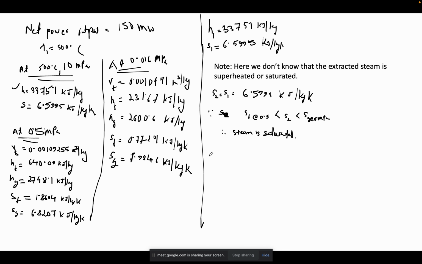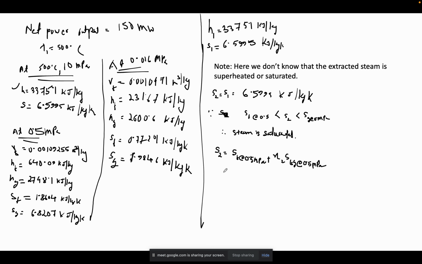So now we can go on to calculate the dryness fraction. Okay, so how will we calculate the dryness fraction? S2 is nothing but Sf at 0.5 megapascal plus X2 times Sfg at 0.5 megapascal.